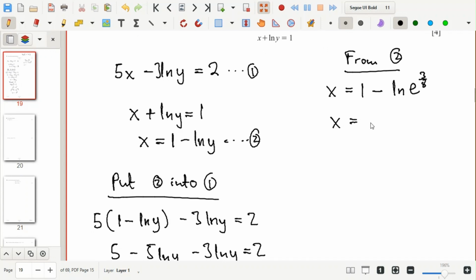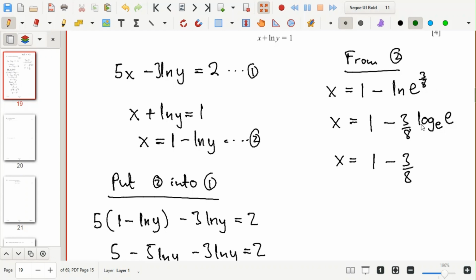Okay, so this is the same as, you know, your power will jump down and become your coefficient. Do you remember that? And ln e is the same as logarithm to the base e of e. And we learned that any logarithm to the same base is what? 1. Do you remember?